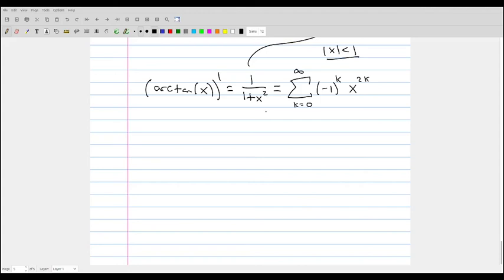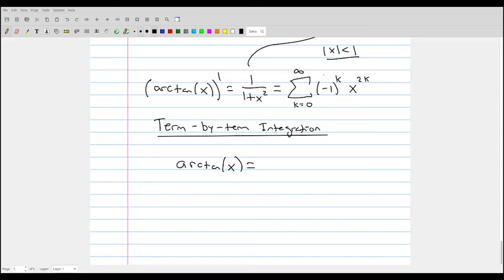What we have to do is integrate both sides, which we can do using term-by-term integration, because our theorem at the end of the last lecture showed that you can integrate a power series inside the radius of convergence term by term. So the antiderivative of 1 over 1 plus x squared, the derivative of arctangent of x, is just arctangent of x.